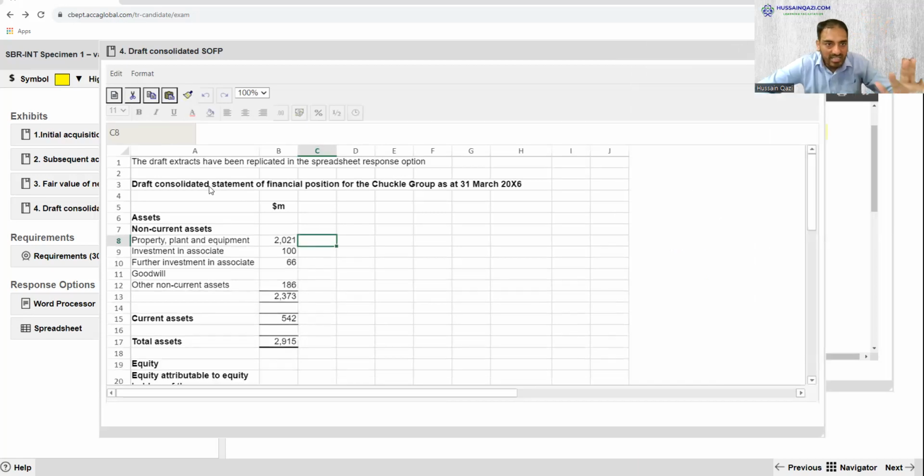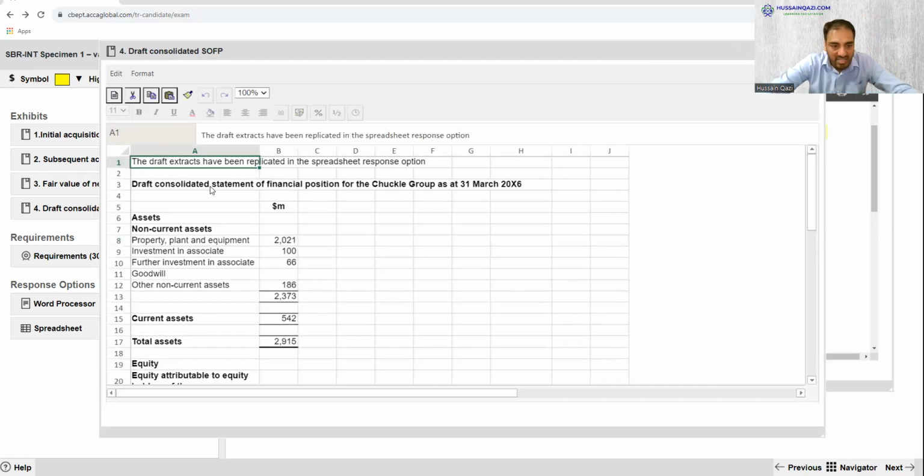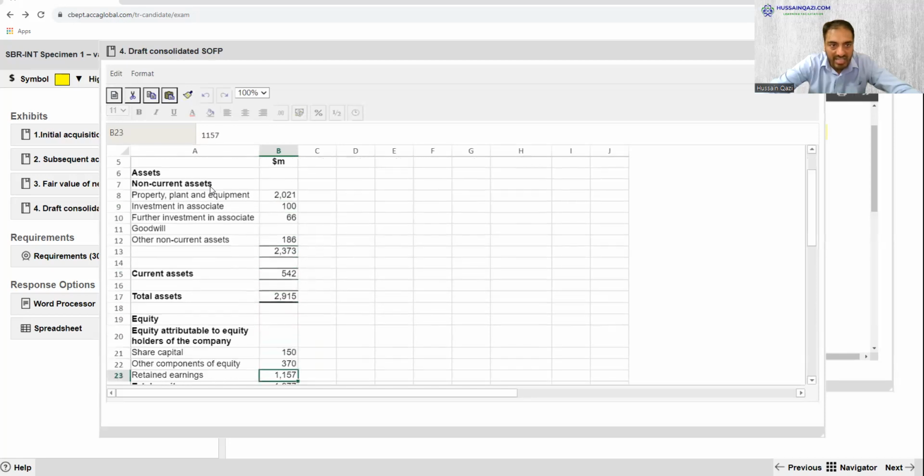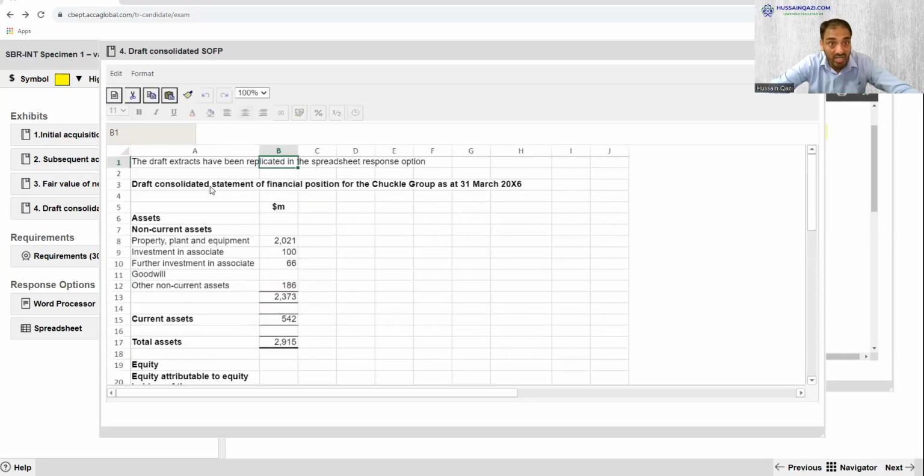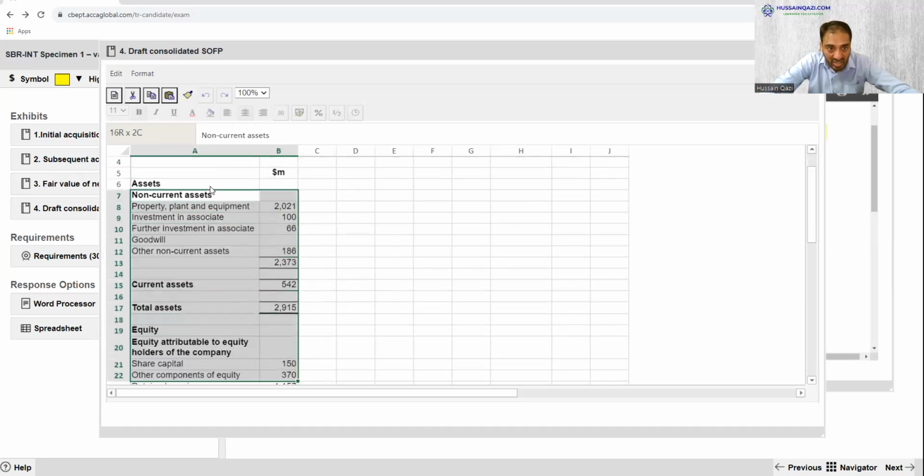This is the balance sheet mentioned here, the drafted consolidated balance sheet. Here you don't need to make a consolidation; you need to make adjustments in the consolidation. You remember, this is the consolidated balance sheet.